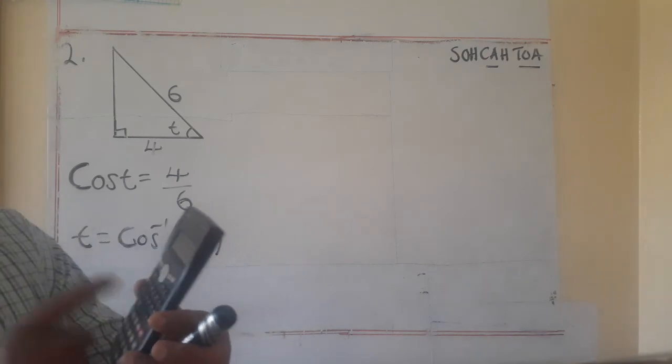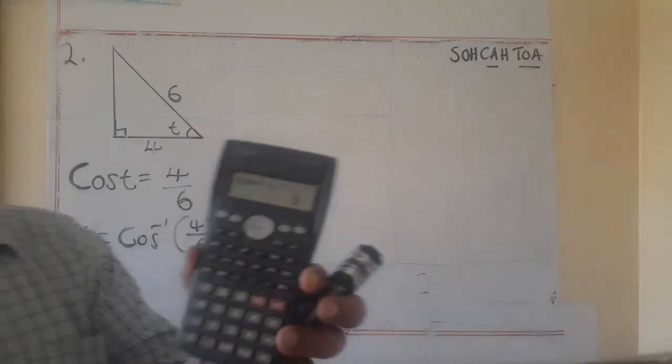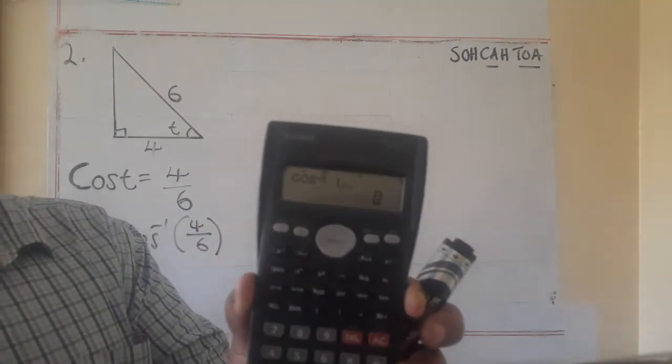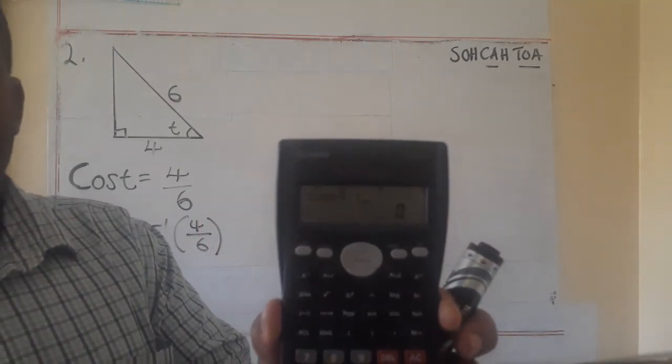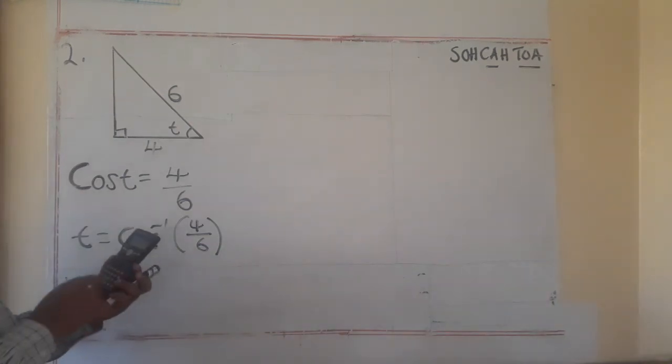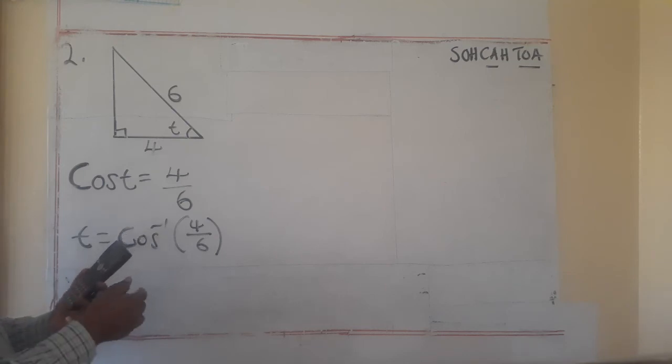Then open bracket, 4 divided by 6, close.